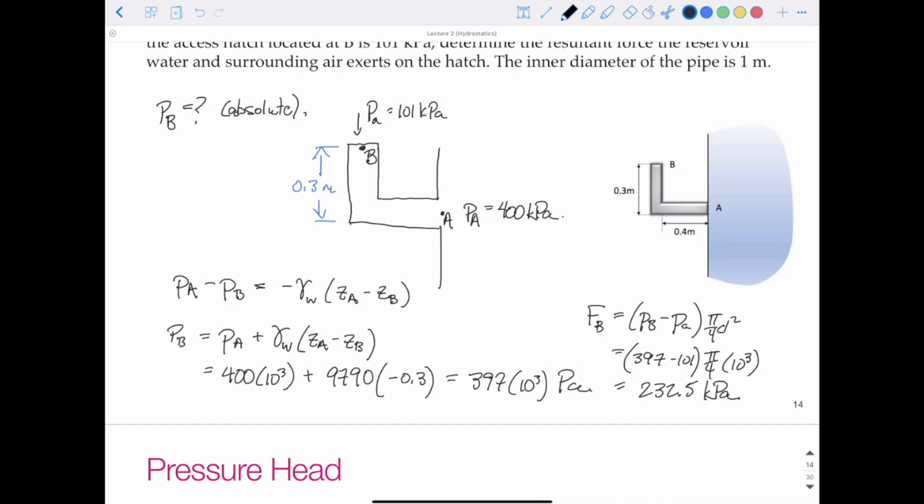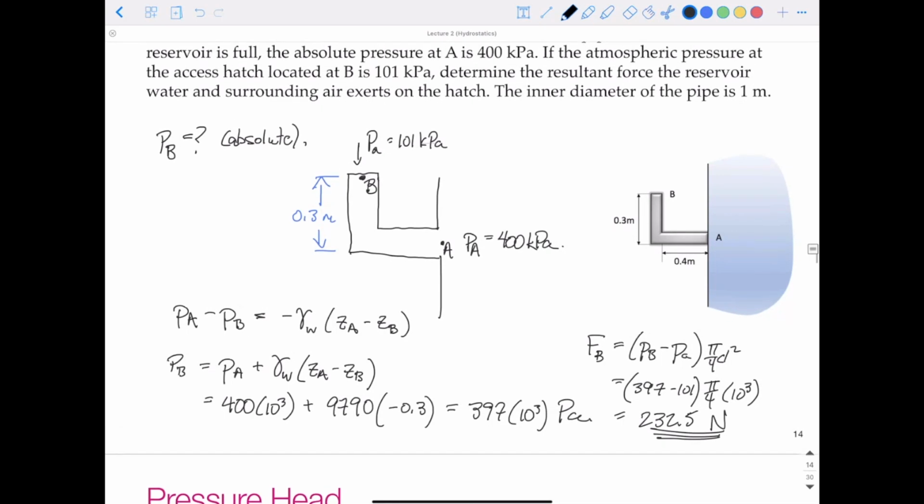Good. Or sorry, kPa. What are the correct units? This is the unit of force. We have pascals times meters squared. So it should be newtons, yes. 232.5 newtons.